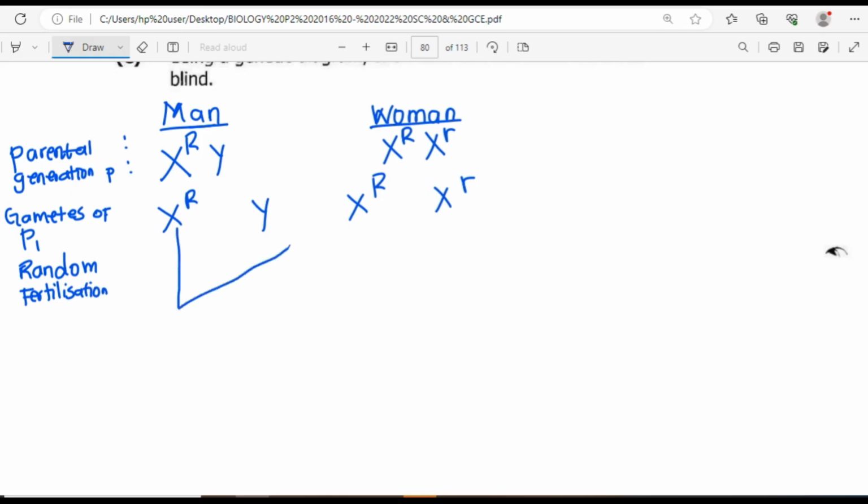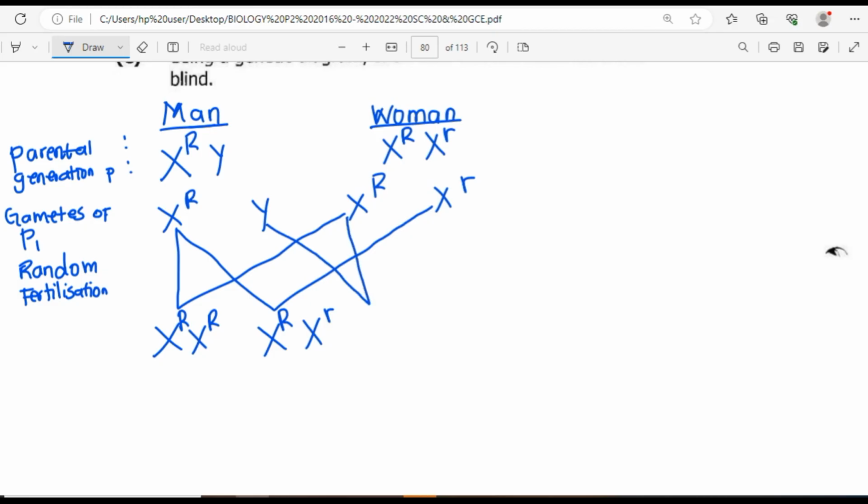So we can now see that here we have a baby girl who is 100% okay. There is a chance for this couple to have a carrier. There is a chance to have a son who is 100% okay.